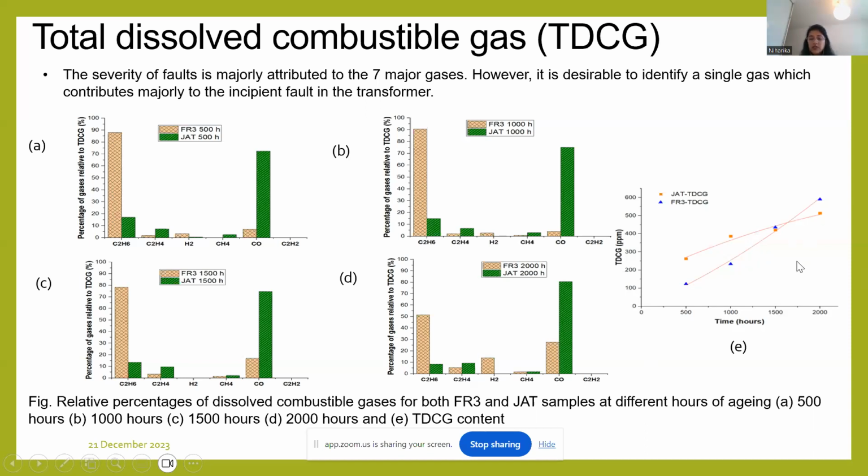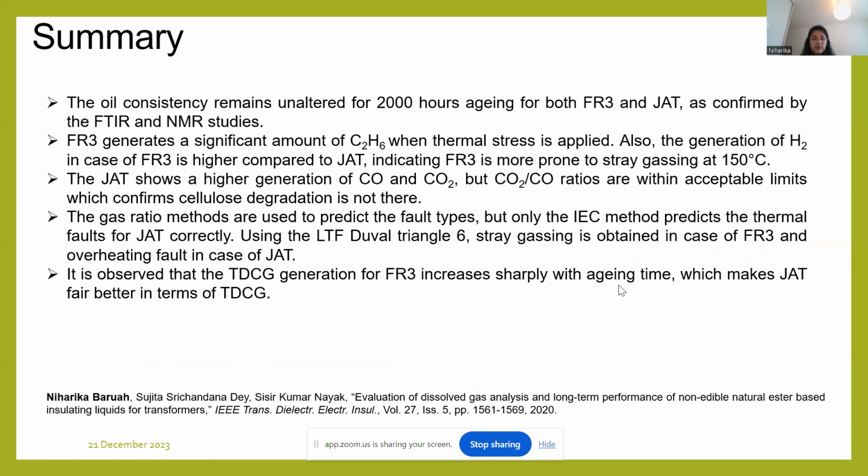So this may be a comparable result when Jatropha is compared with FR3, as it fares better when we are considering the total dissolved combustible gases present in the oil after a long duration of time. The oil consistency remains quite unaltered after 2000 hours of aging, which is a good sign, as confirmed from the FTI and MR results.